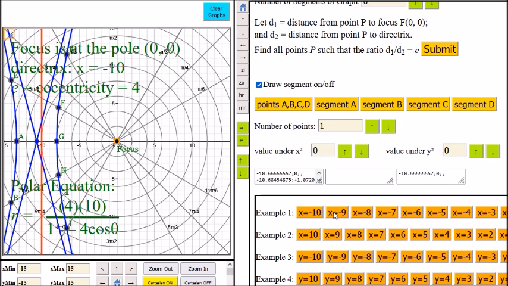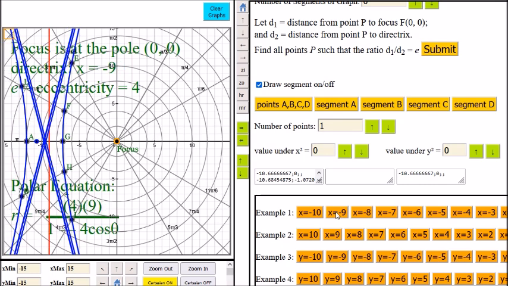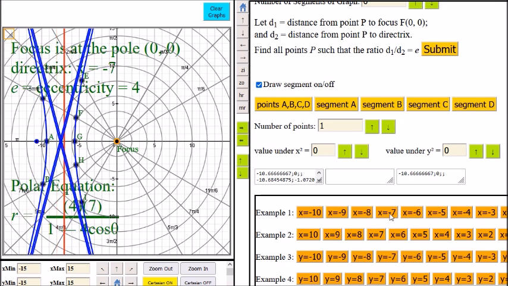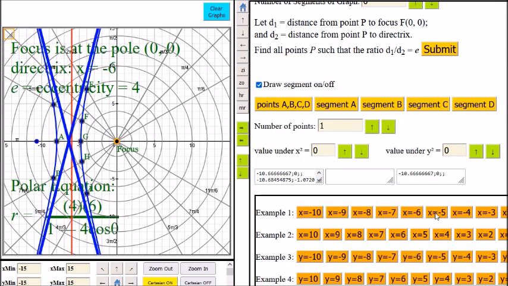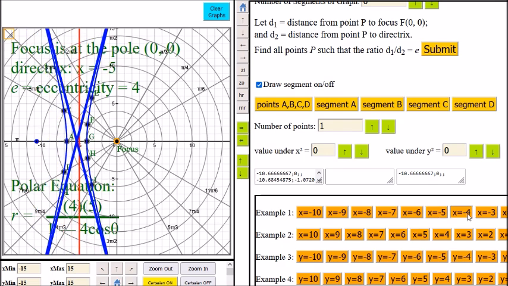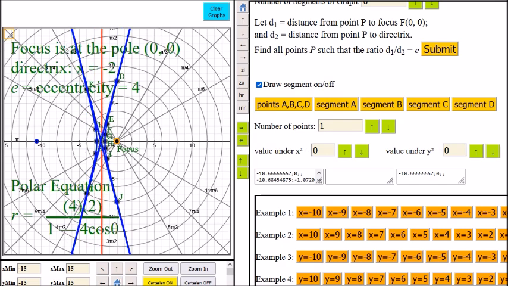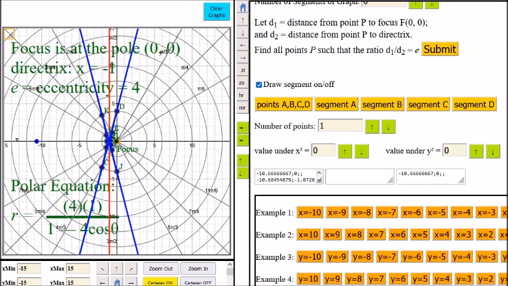Here's negative 9, negative 8, negative 7, negative 6, negative 5, negative 4, negative 3, negative 2, and negative 1.